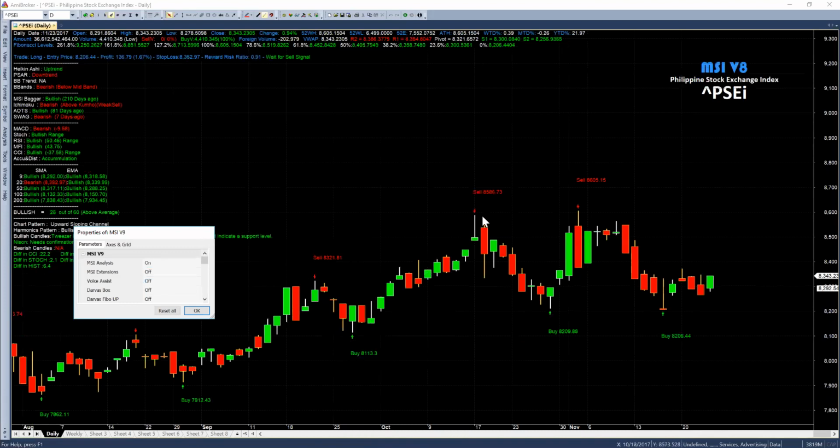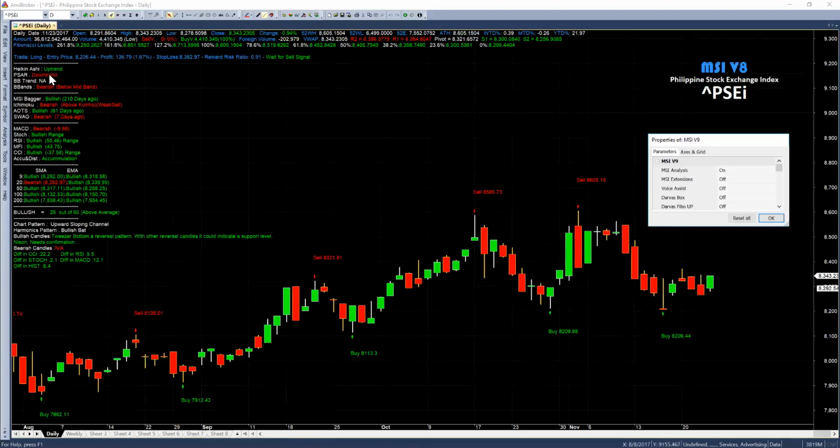Ngayon naman, sa sell signal, as long as nagsistay yung price action niya sa support level, magkakaroon siya ng chance na ma-invalidate yung sell signal. Okay, so that's your buy and sell signal using pivot, or what I call MSI signal.